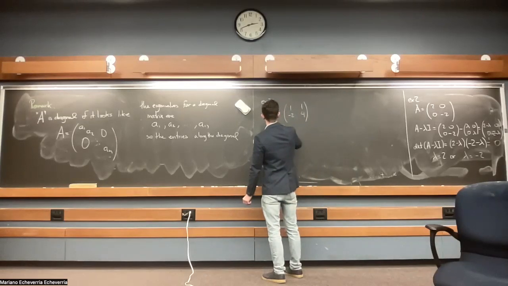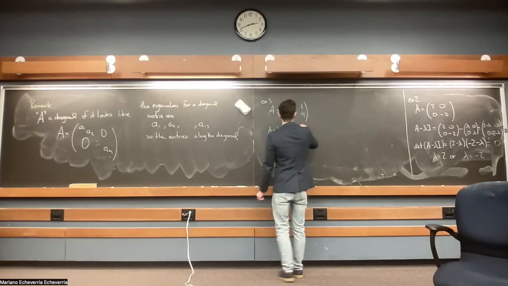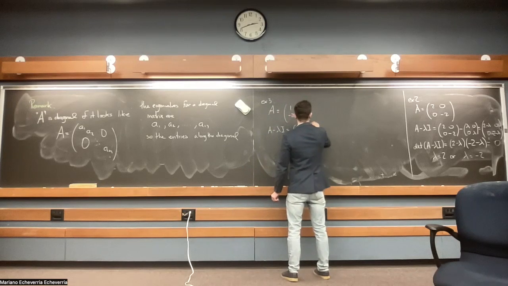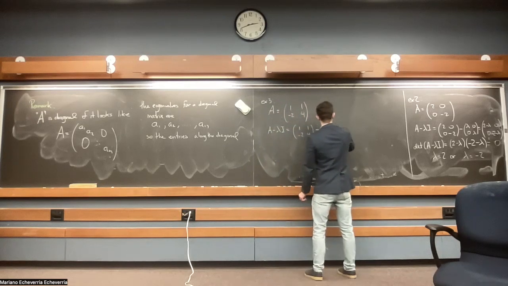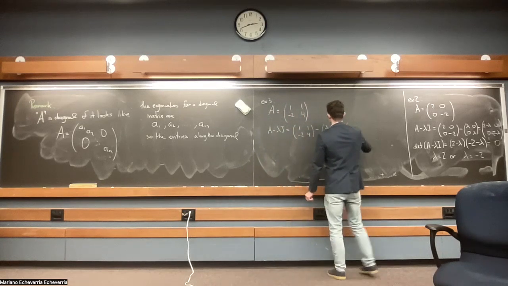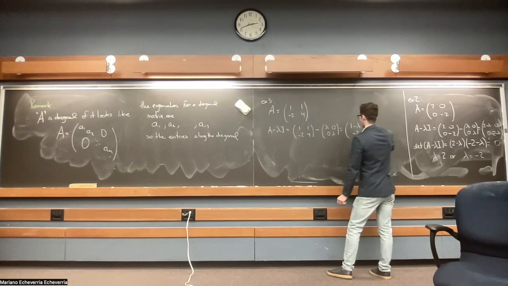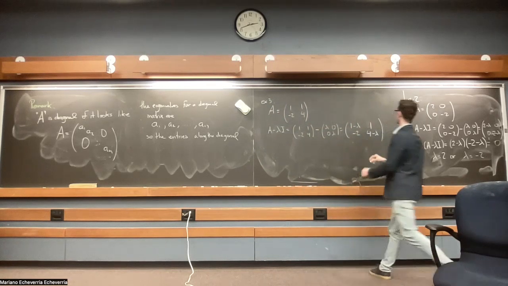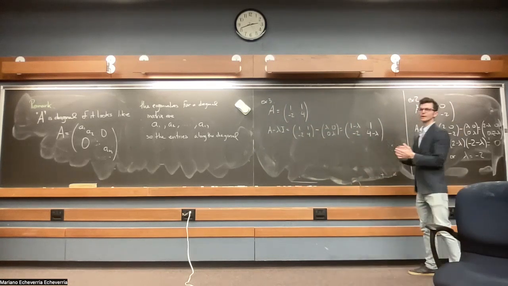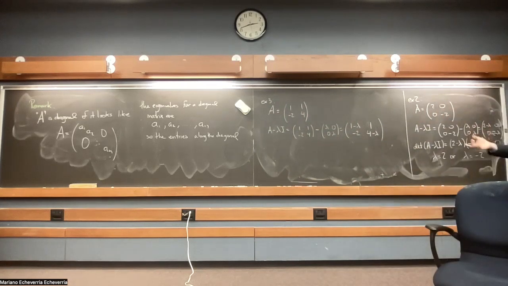Okay, so what are the eigenvalues here? Again, you have to do A minus lambda times the identity, which gives you 1 minus lambda, 1, -2, 4 minus lambda. You find the determinant of this.